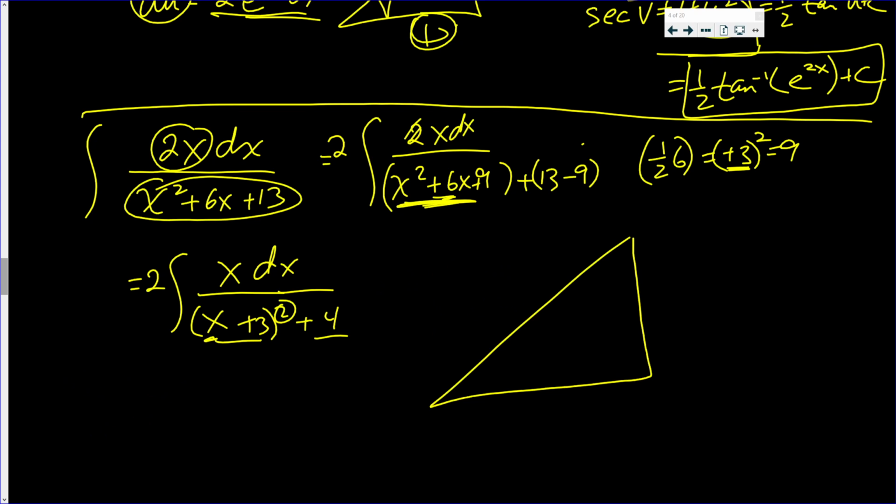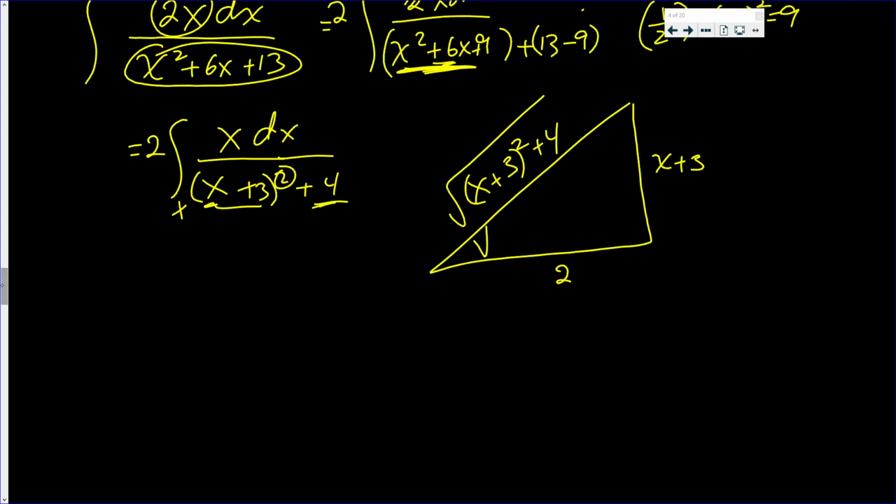So since both terms are positive, the x plus 3 squared and the 2 squared are both plus, the whole thing goes on the hypotenuse with the square root sign on top of it. One side gets x plus 3, the other side gets 2. And I need x and dx. Well, it turns out that the tangent of v is x plus 3 over 2.